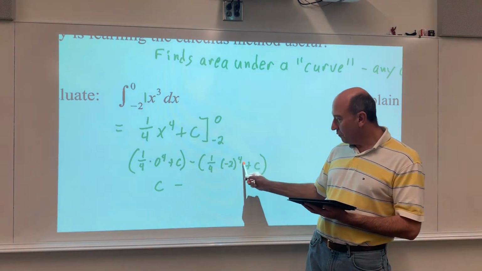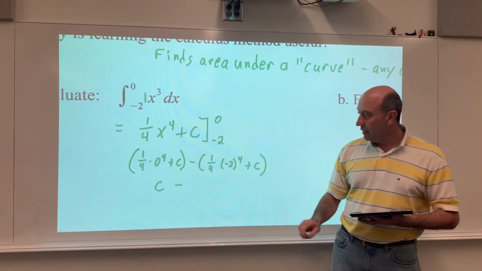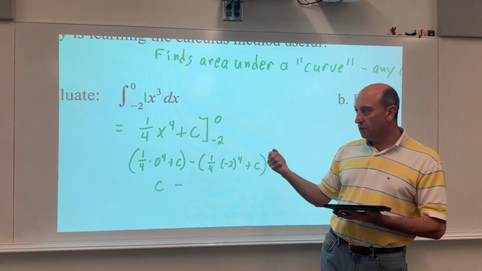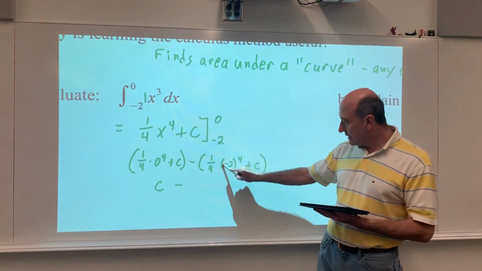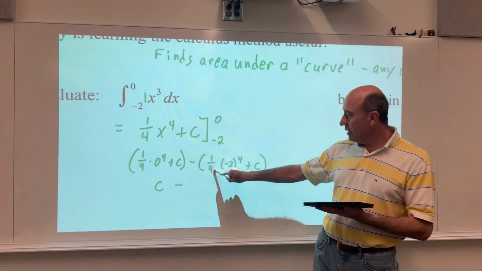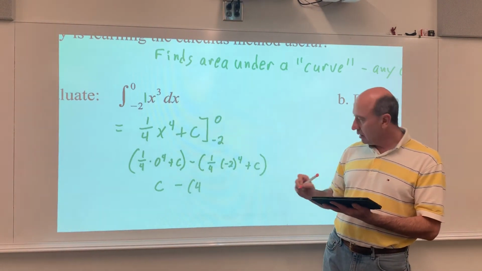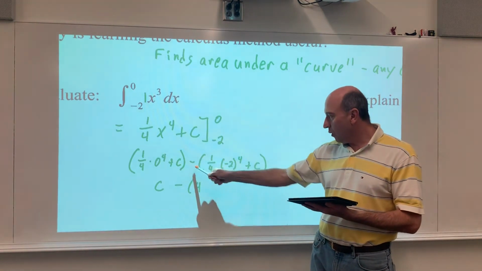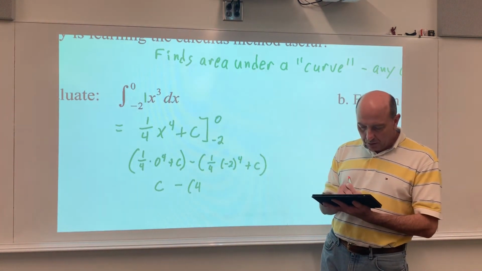-2 to the fourth is, let's see, a negative number to the fourth is positive, and 2 to the fourth is 2 times 2 is 4, 8, 16. 16 times 1 is 16. 16 divided by 4 is 4. So we're subtracting 4 and subtracting c. I will distribute the parentheses.